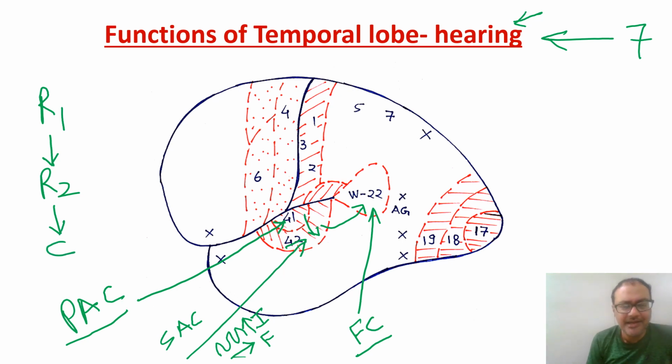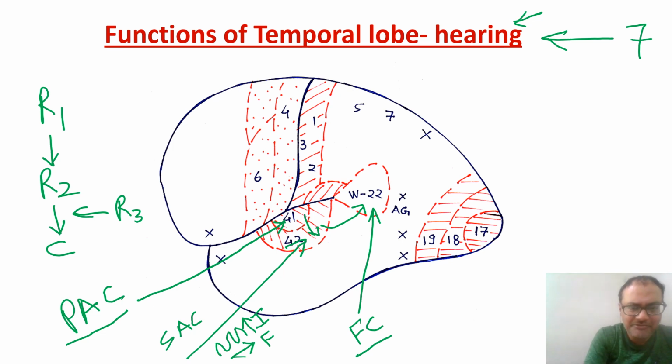So Wernicke's area is doing something like that for sensations. R3 is also there, but usually only comes in a complicated case.